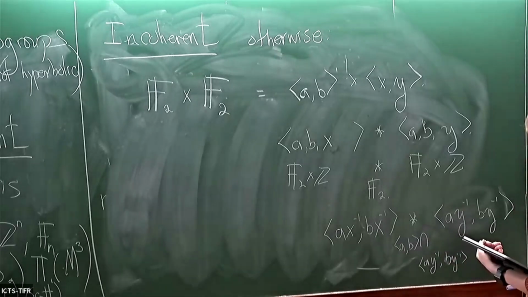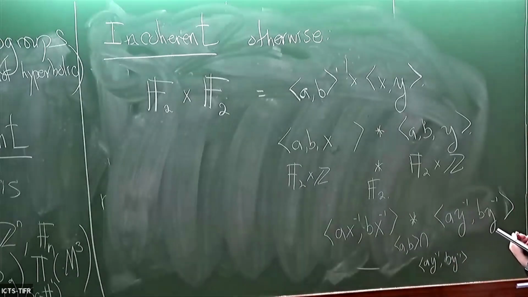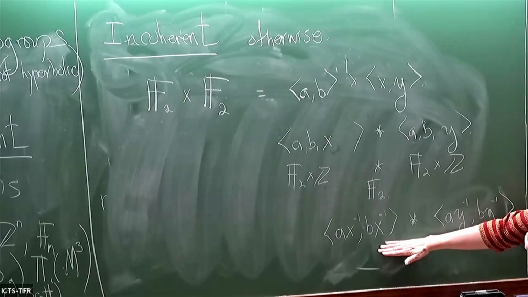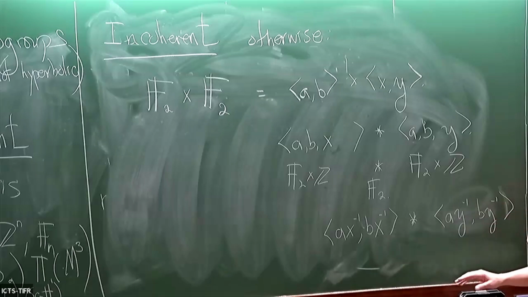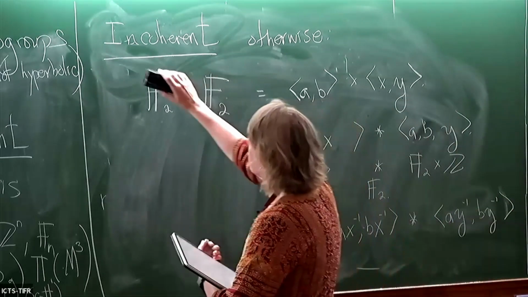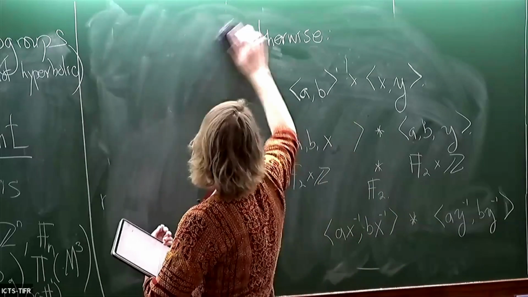I don't know, do you want all these generators? Or I'll write it over here. They're amalgamated along their intersection. It's hard to read. Do you want me to write over here? Okay, where should I stop the line? Put it here? Okay, I'll move it here.